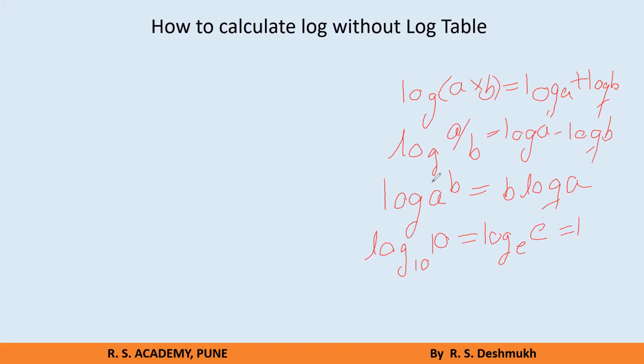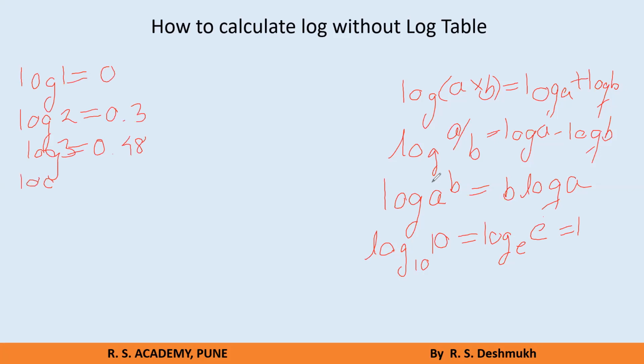So we will require all these identities to find out the log values, but apart from that you should also know log 1 equal to 0, log 2 equal to 0.3, log 3 is equal to 0.48. Now at least 10 values you should know, but we will go for how to calculate the log 4.